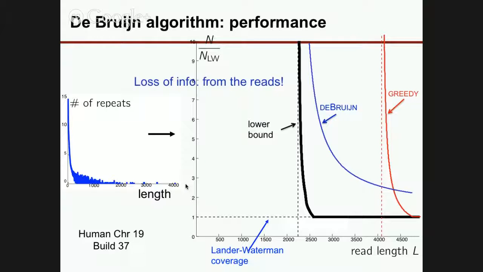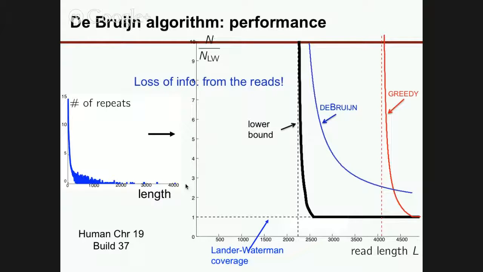So what am I losing information about? Well, what am I doing here? I'm taking this read, say of length 1000, and chopping it up into segments of length 100. Then I throw away the original read of length 1000, and try to reconstruct the genome using my k-mers of length 100.